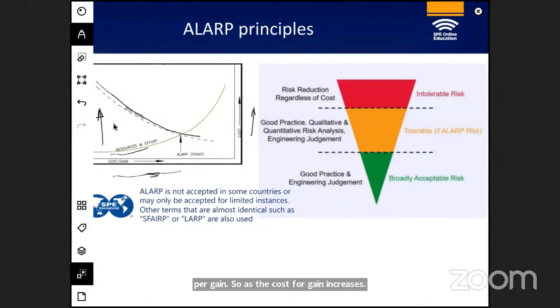However, the resources and effort go higher and higher as we increase the cost. So we have to arrive at a point called the ALARP level, which is as low as reasonably practicable. Some other terms available on the internet are SFAIRP or LARP. I do not remember the full forms of these, but these are widely used industry standards.